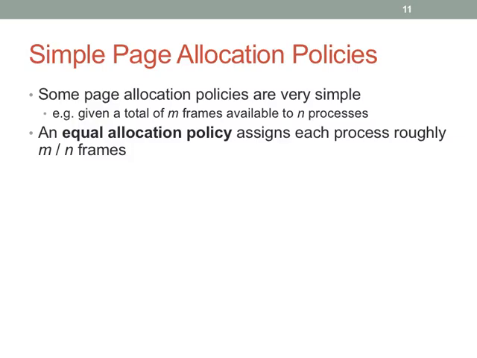Okay, so that would obviously be a simple one, but we know this isn't going to be very good because I definitely have some programs that use a lot of memory and some programs that use very little memory. And so that's not going to really suit a typical kind of circumstance very well.